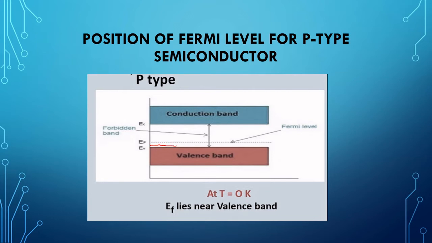The acceptor level lies near the top of the valence band and it is denoted by EA, right? This is the acceptor level, and this level is created for holes. So this is the acceptor level, and it lies near the top of the valence band.